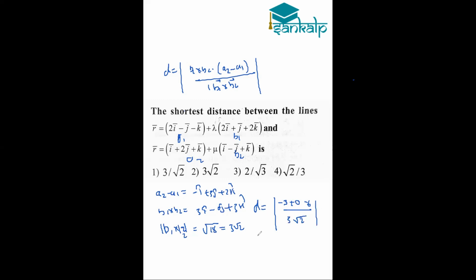So on simplifying we get d is equal to minus 3 minus 6 is minus 9, mod of minus 9 is plus 9, over 3 root 2. So it will be equal to 3 over root 2. The first option is the right option.